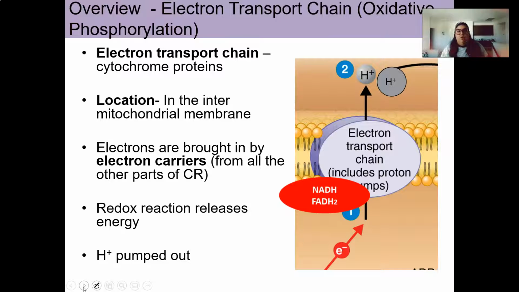So, to go over that again, we have proteins that are stuck in the inner membrane. We get our electron carriers that come in. They bring all these electrons. Then there's some redox reactions. We remove the electrons over, and then hydrogen is pumped out, creating a gradient.